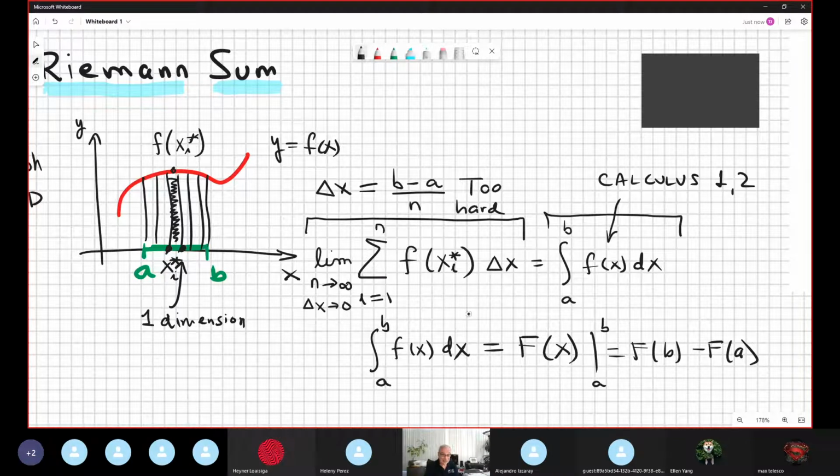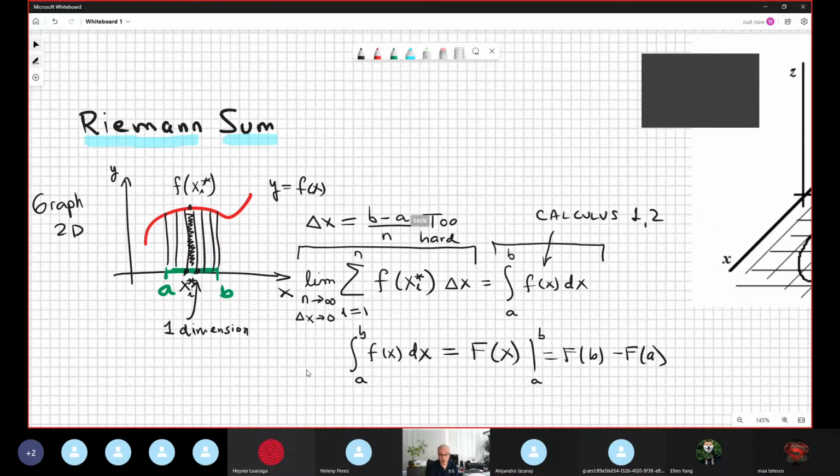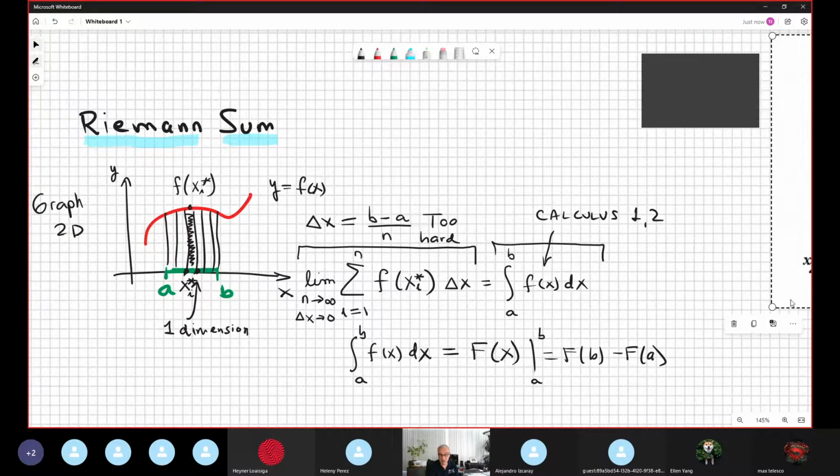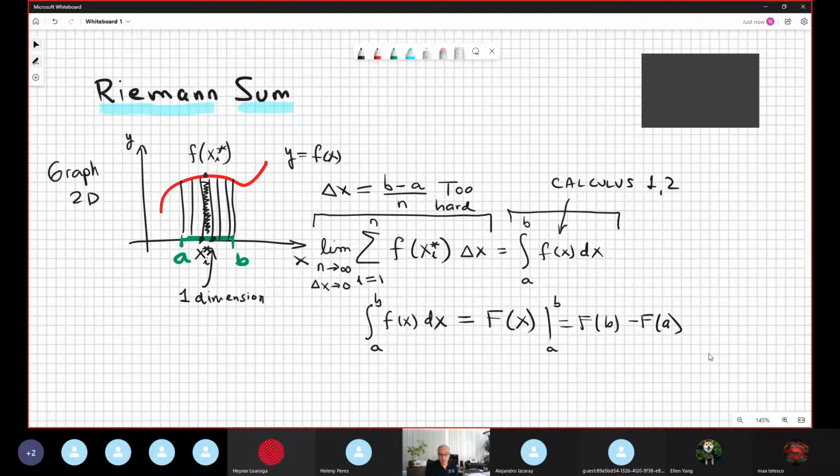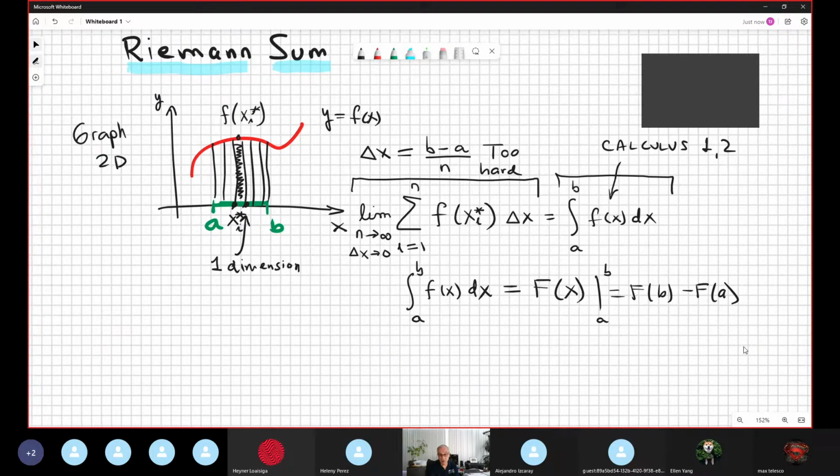In this case, according to this sketch, it represents the area, but not necessarily area, because depending on the nature of the function, maybe it's volume, or surface area, or arc length.